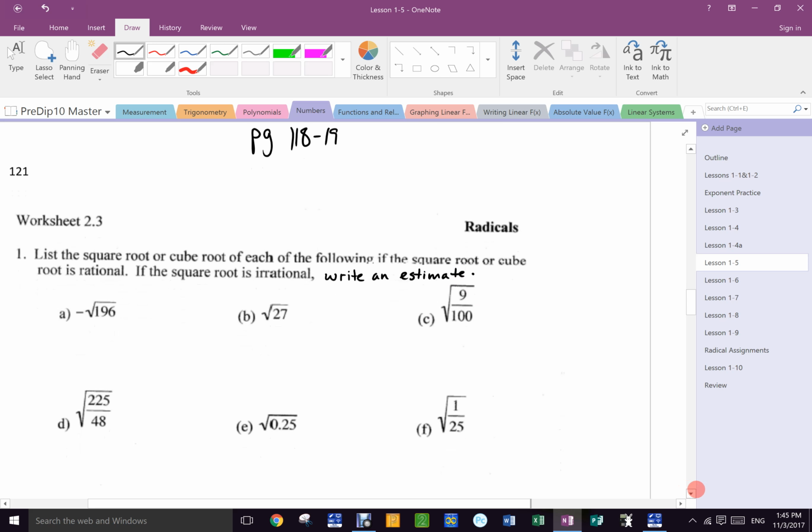Now, I have not shown you some of these types of questions personally. But you have all of the mathematical knowledge to figure out every single one of these. Okay? I would like to see this done without a calculator.